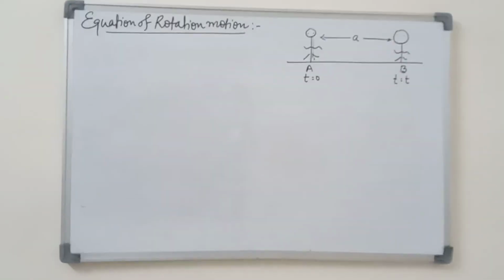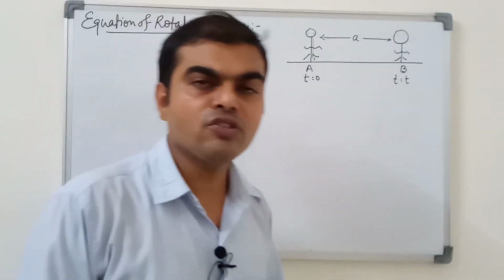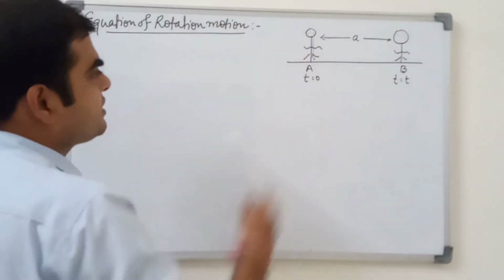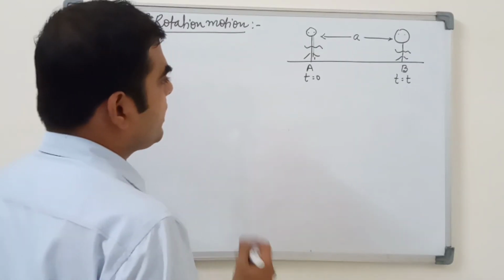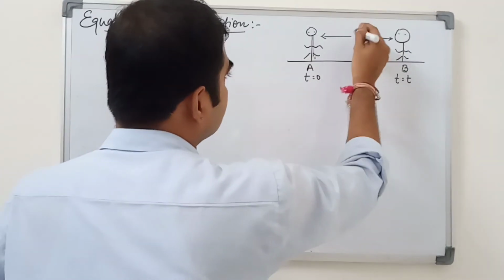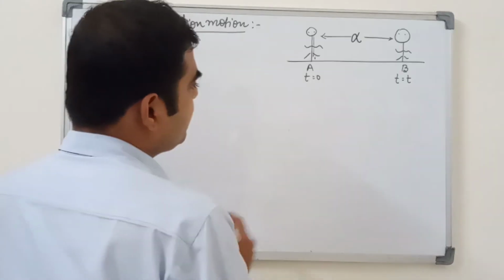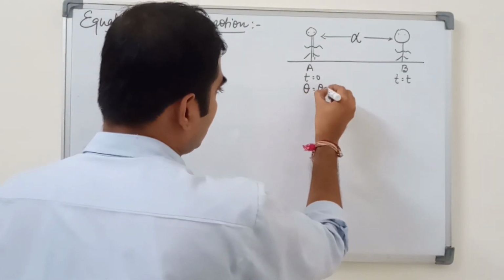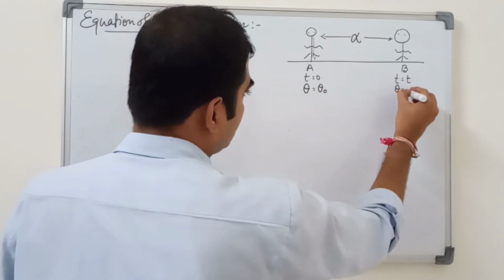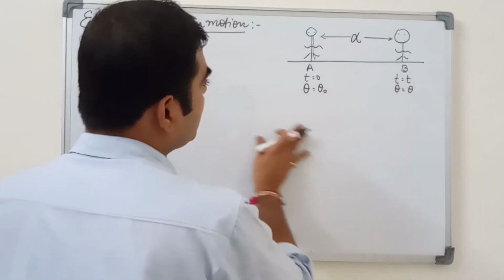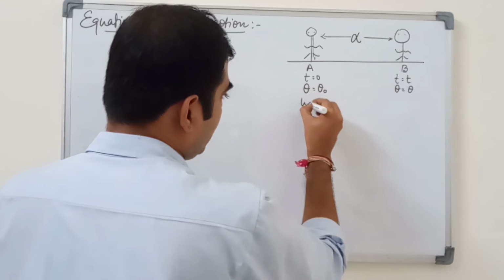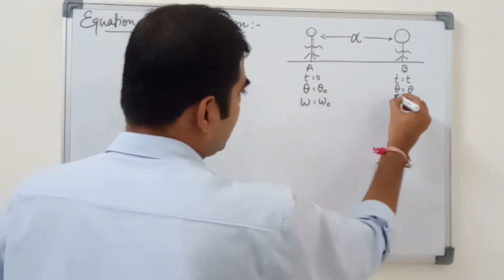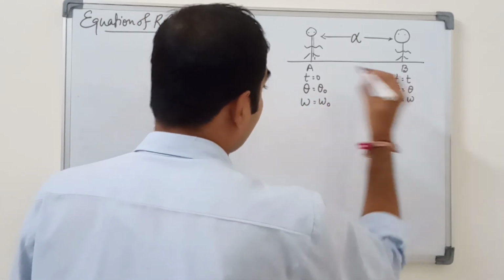Now the second point is the equations of rotational motion. So you can see this picture, which is very clear. Alpha is the angular acceleration. At time t is equal to 0, displacement theta is equal to theta naught and angular velocity omega is equal to omega naught, and here theta is equal to theta and omega is equal to omega.